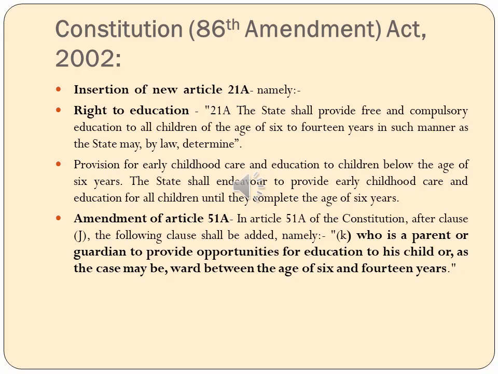Or if it is a case of guardian, it is the responsibility of the guardian to provide proper education to all the children between the age of 6 to 14.